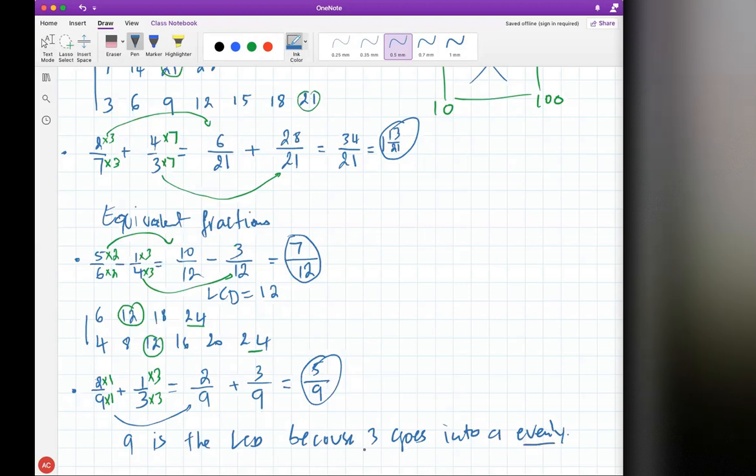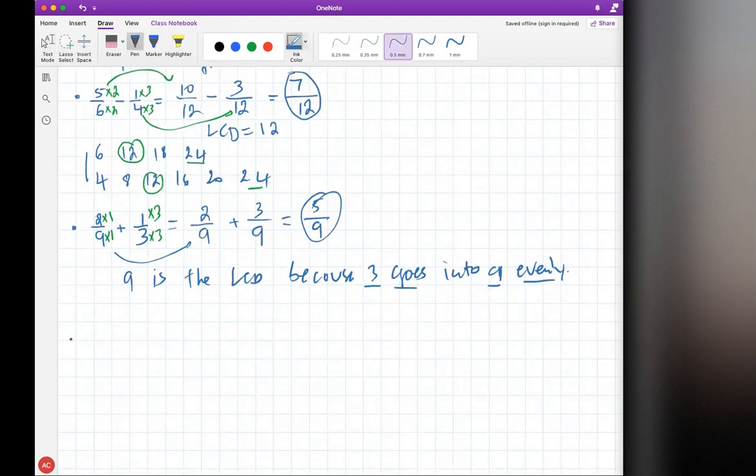That's important. So that's the first thing you want to try. Always see if one of the denominators goes into the other. If it does, that's your LCD. If it doesn't, then there's 2 more things you need to check.